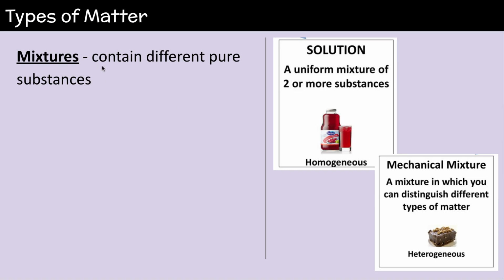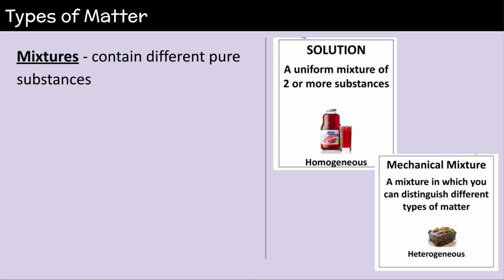If we have a mixture, which is on the other side of the chart, jot this definition in the box that is there. So mixtures contain different pure substances. If you have a mixture of matter, then you're going to have a combination of elements and compounds. Maybe you have a combination of a couple of elements.